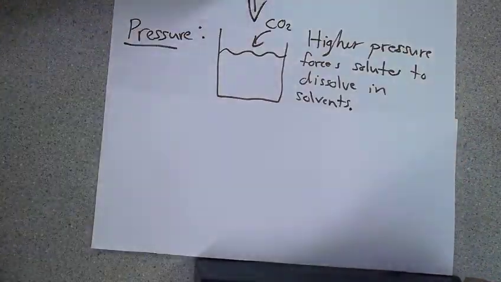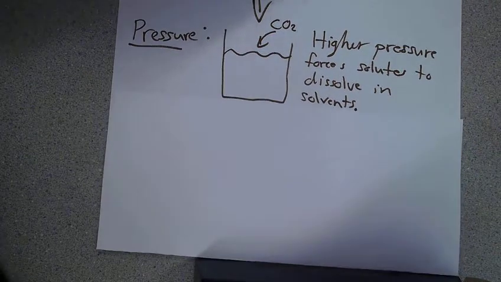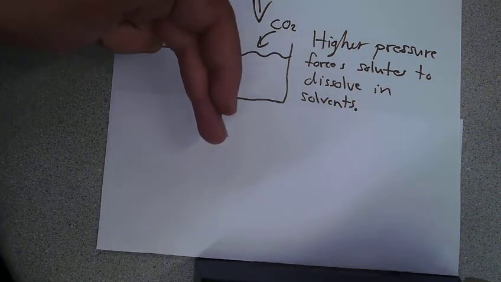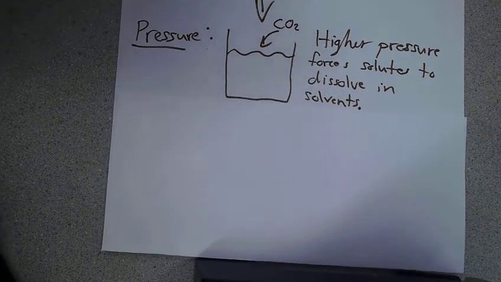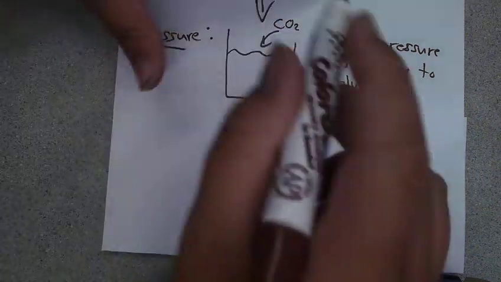If there's a lot of pressure coming from somewhere, it could be a machine, could be a person, who knows where, forcing that carbon dioxide gas into the liquid, well, the carbon dioxide gas is just going to go where it has to go. It's going to go into the liquid.